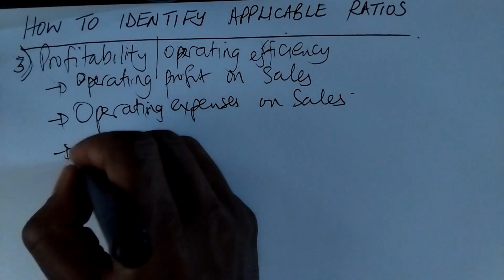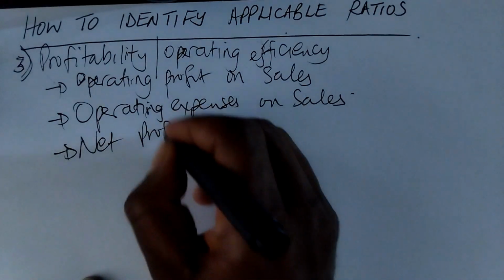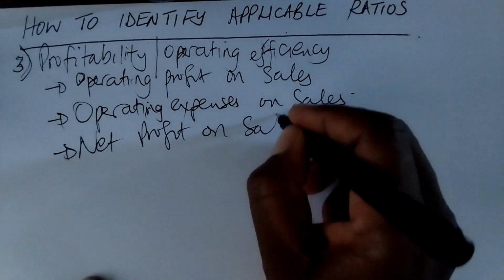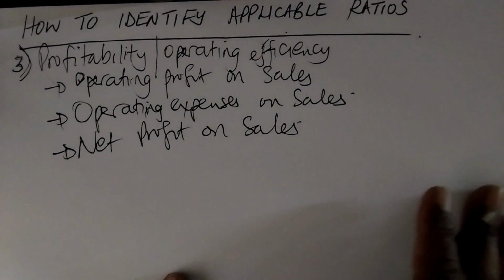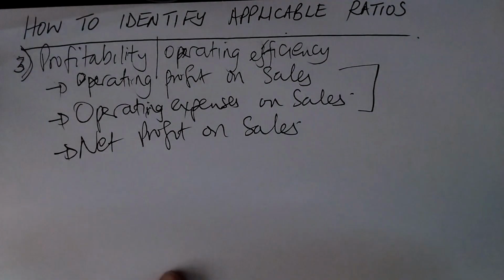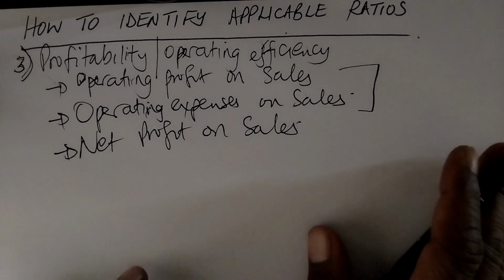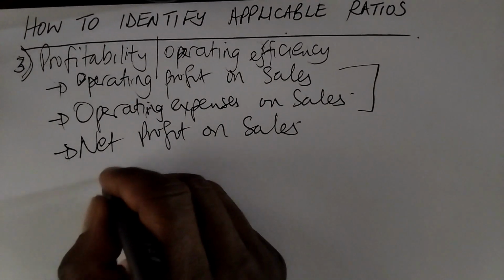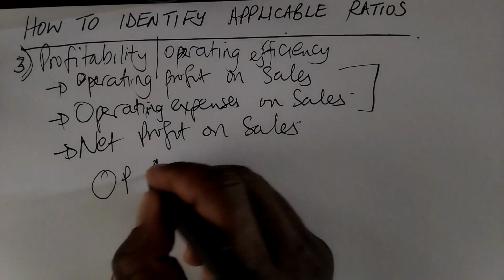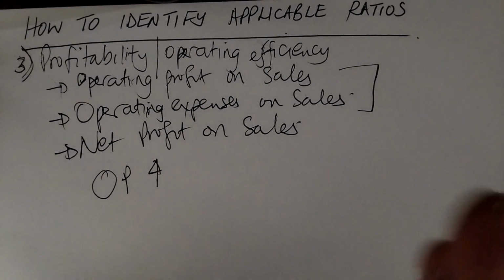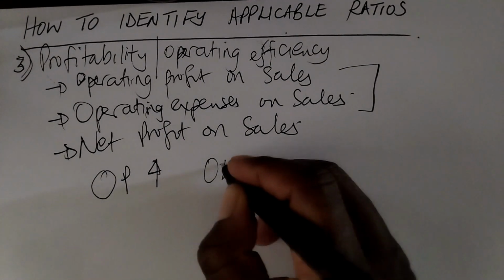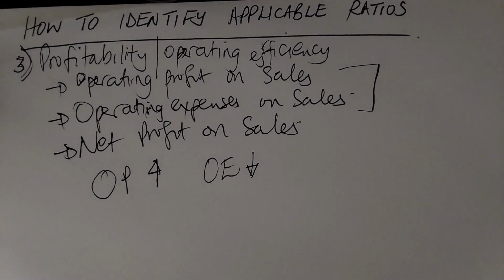Right, and then you can have net profit on sales. Okay, I'm mainly going to focus on the first two, that is your operating profit on sales and your operating expenses on sales. So ideally, operating profit must go up. That's the best scenario that you can have. And then your operating expenses, we normally would want them to go down.